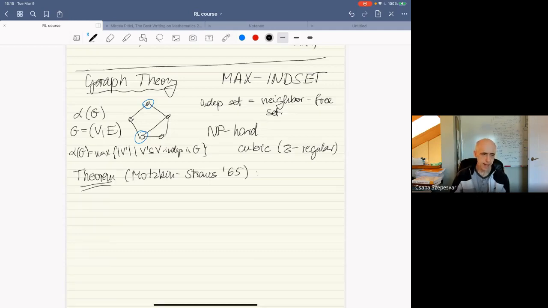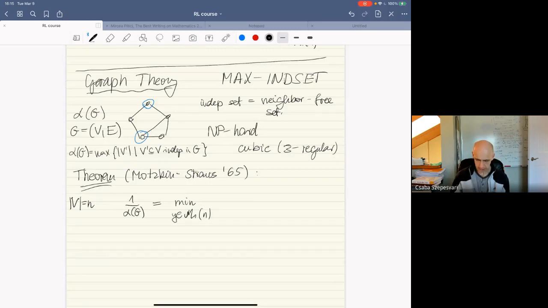So the theorem says that 1 over the independence number of the graph, this alpha is called the independence number, is equal to the minimum over all the distributions over the vertices, the simplex. Let's say there are n vertices.